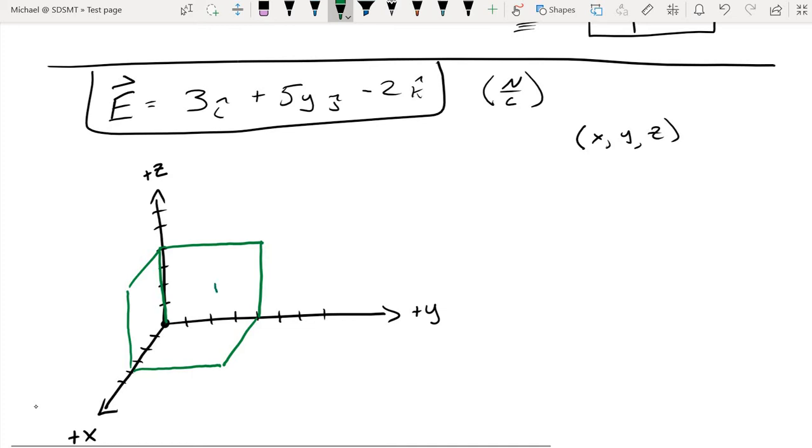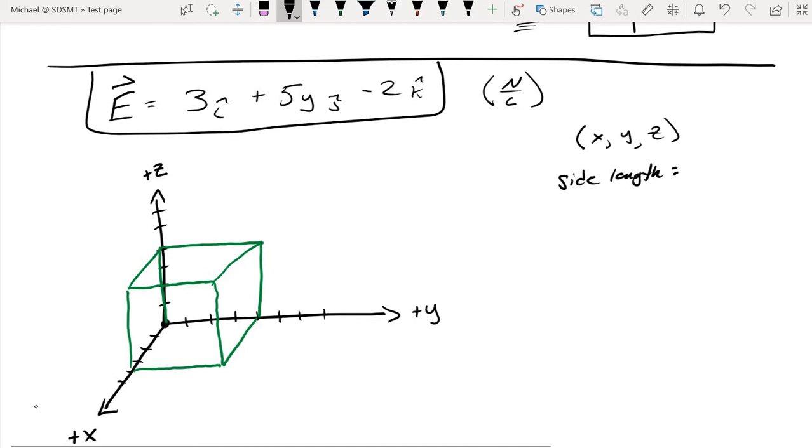Trying to draw 3D on a 2D surface is not always the easiest. Okay, that actually doesn't look too bad. So that is our cube, and we'll say that each side length of that cube is a value of A.